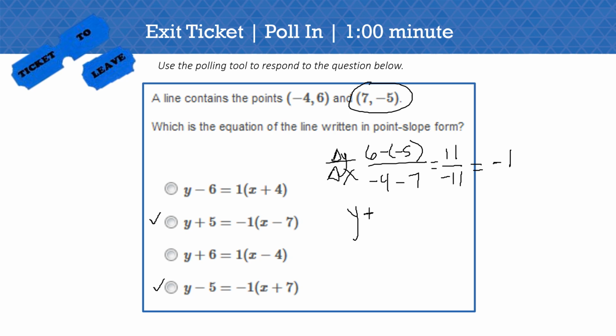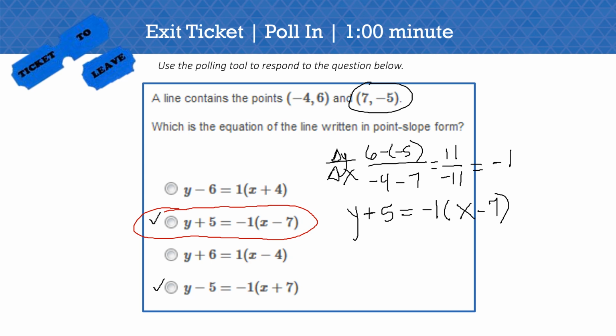I changed this to a positive, because minus a -5 is going to be a positive. Equals my slope, which is -1 times the quantity of x minus my x coordinate. It is positive, so it goes right in, and voila. Which one of those has that answer? Well, you can see it is this one right here. So that is our correct answer. That is the point slope form, guys.